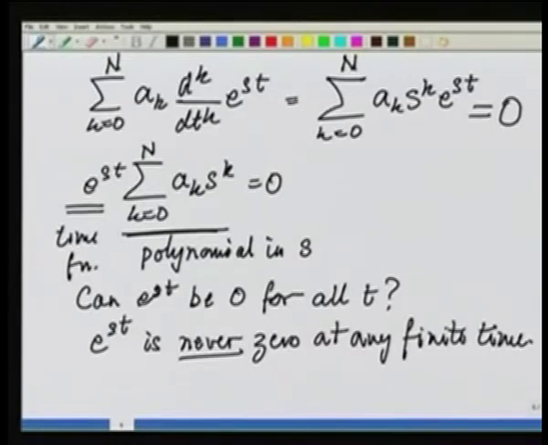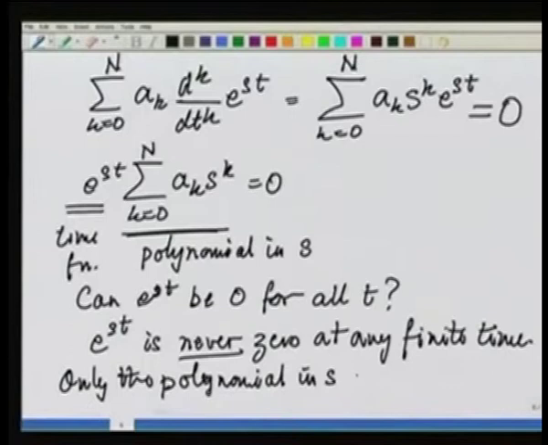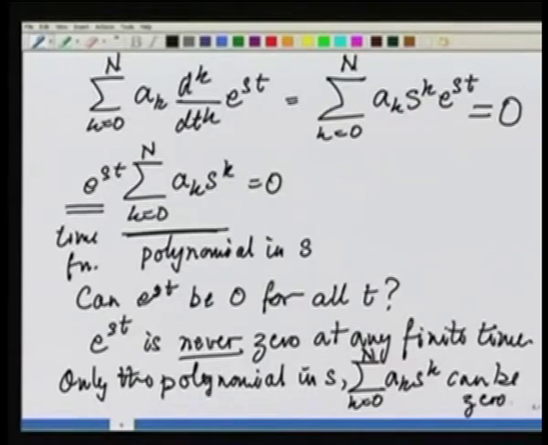Hence, in order for the left hand side of this expression to evaluate to 0, the burden falls on the polynomial in S. Only this can be 0. So, when can it be 0 is the next question.